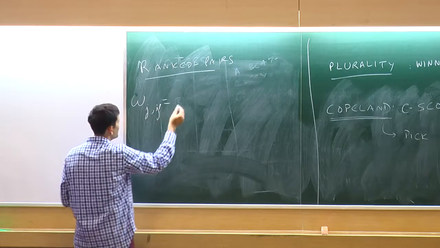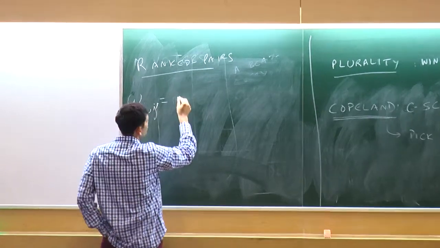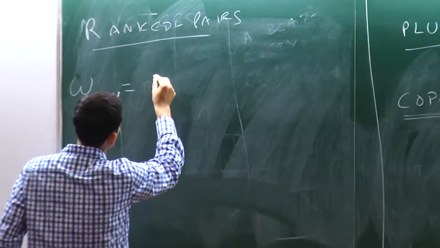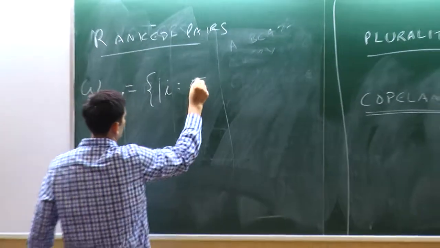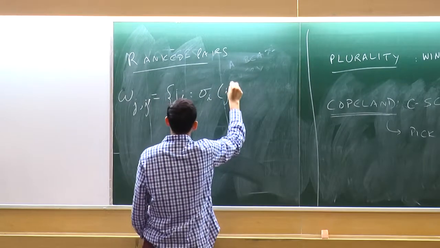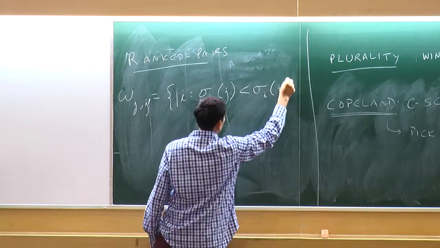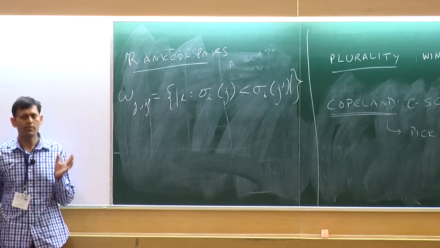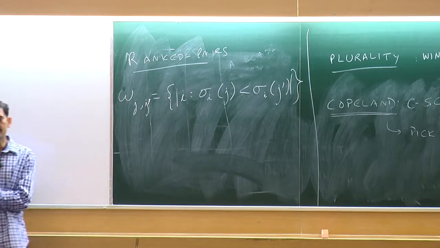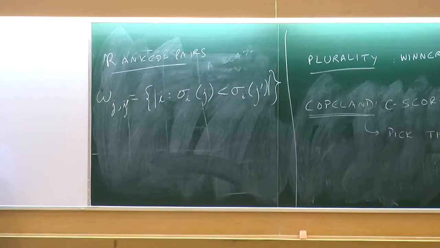I should have just defined this before because I've been writing this again and again. It's the same quantity that we've talked about. W of j comma j prime is the number of rankings in which j beats j prime, or the number of voters who think that j is better than j prime.